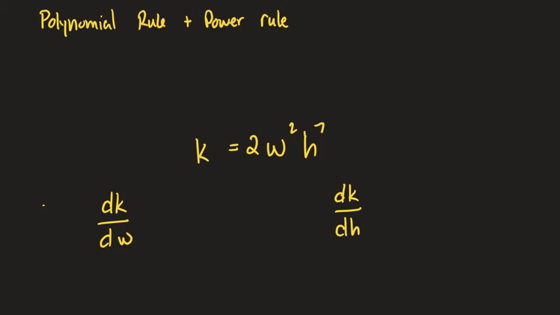Now, in real calculus, if w and h are related, meaning a change in h causes a change in w, you would have to employ another rule called the chain rule, something that would allow for 2 functions being multiplied together to have their derivative taken.